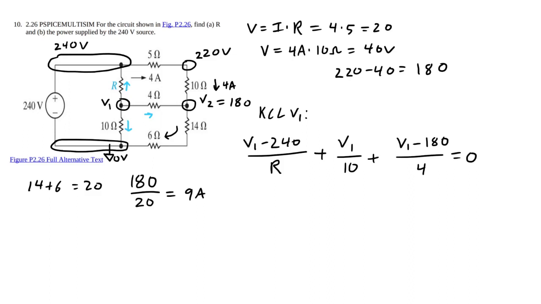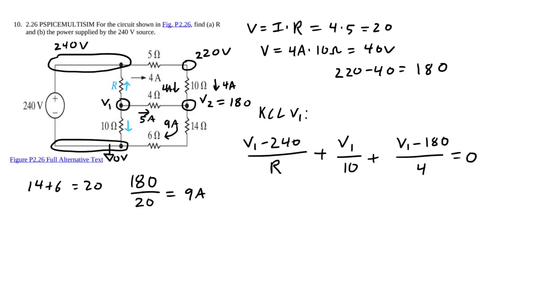Which means if we have 4 amps going this way, and 9 amps going this way, that means we have to have that 5 amps made up over here.